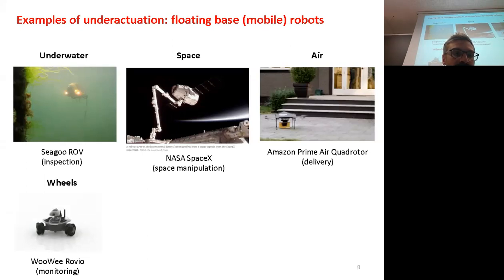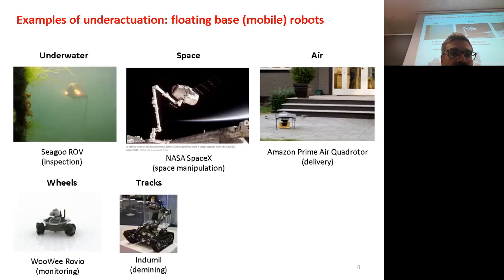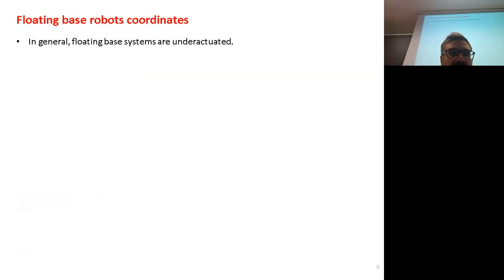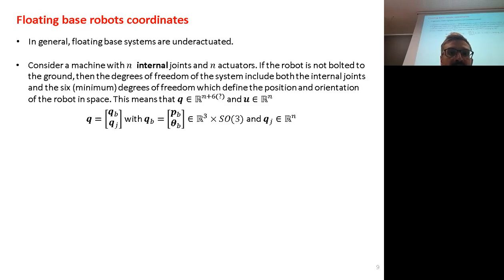Wheeled robots have a floating base too, but this time instead of propellers, like in the case of drones or underwater robots, we have wheels or tracks, and finally legged robots will have legs instead of wheels. But all these robots share the same concept: in general, the floating base, the trunk, for example, or the chassis, is underactuated.